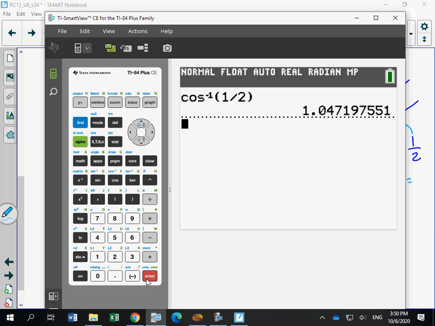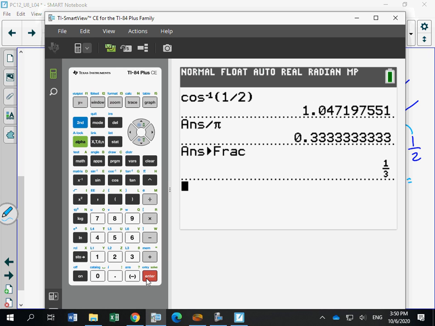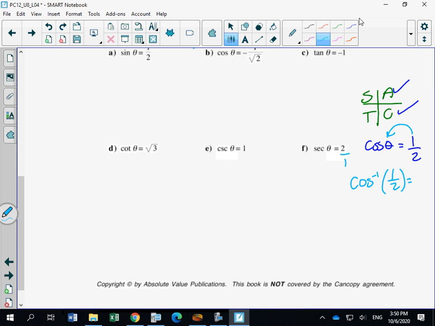They said they want the exact value. So once you have that reference angle, you divide it by pi. We get that, then I go to math 1 fraction, and that is pi over 3. 1 pi over 3 is the same thing as pi over 3. So pi over 3 is my reference angle.